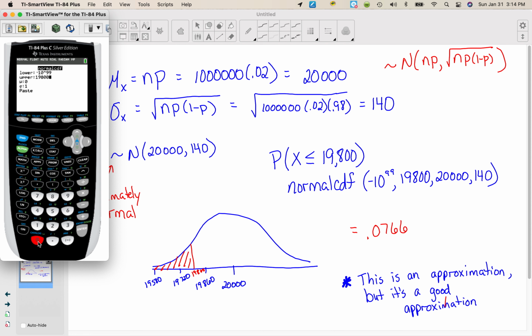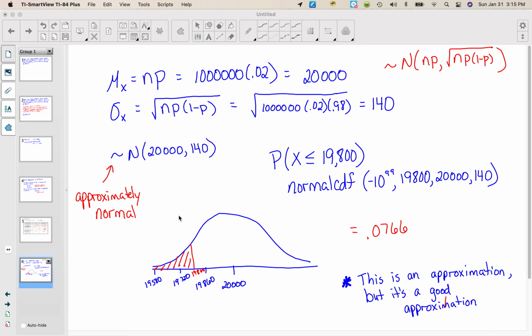You can see that from your picture if you're not sure about that. And our mean, 20,000, and our standard deviation, 140. And our calculator can handle this. If we round to 4 decimal places, I get 0.0766. So that would be the probability. Again, remember that this is an approximation, but it's a good approximation.